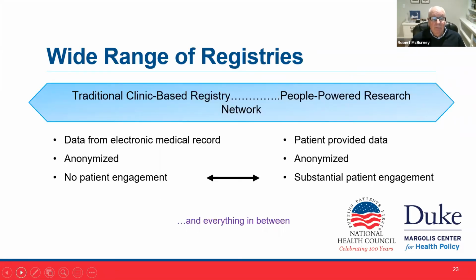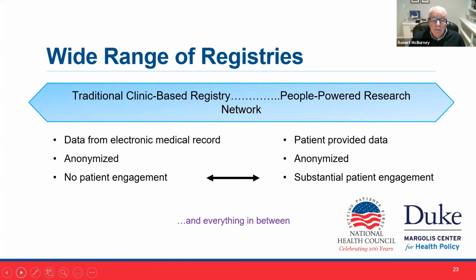So registries can have different flavors, from what I would refer to as the traditional clinic-based registry that primarily has data from the electronic medical record, anonymized in the registry, but essentially has no patient engagement. And then the other end is the people-powered research networks, which predominantly are patient-provided data, again anonymized when it's used.